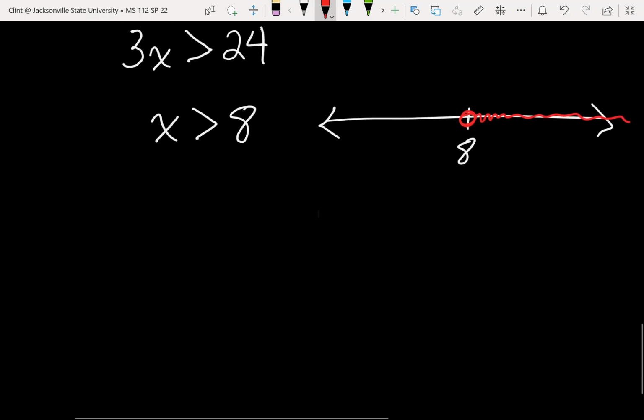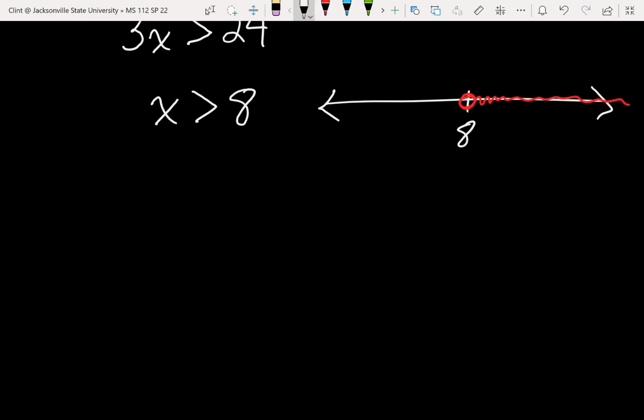And what about interval notation? So for my smallest x that could be in my solution, we're starting at 8, but we're not including 8. So the way we write that down is we'll have 8 with a parenthesis.